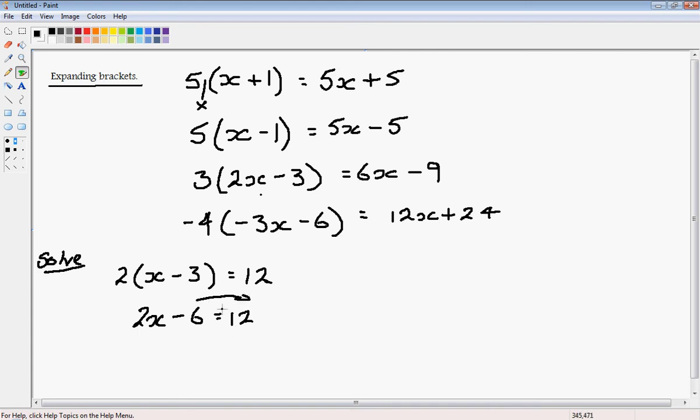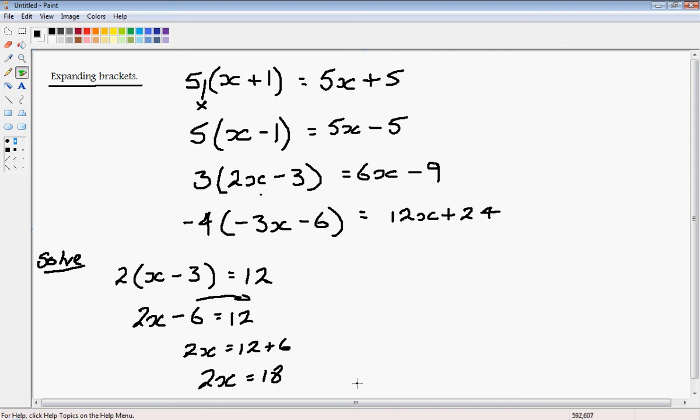Okay, so now we've got down to a fairly simple equation. So we know this 6 is going to move over here, and remember the sign changes, so we have 2x equals 12 plus 6, so 2x will equal 18.